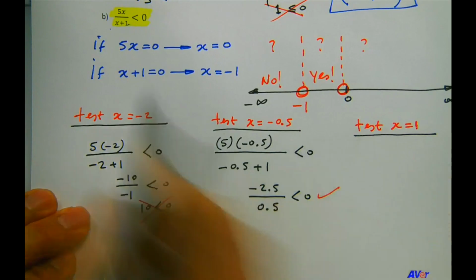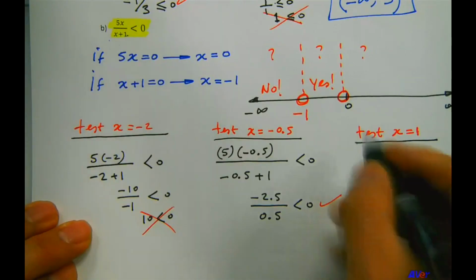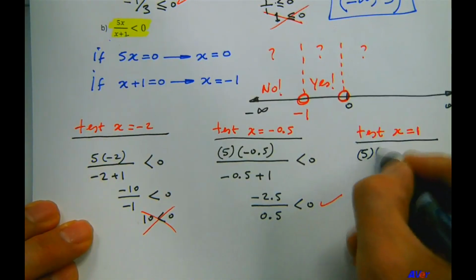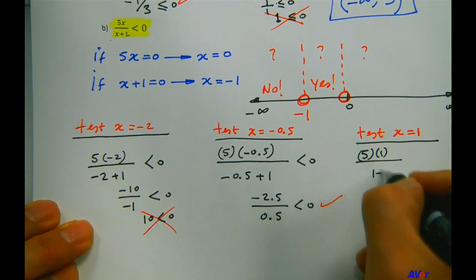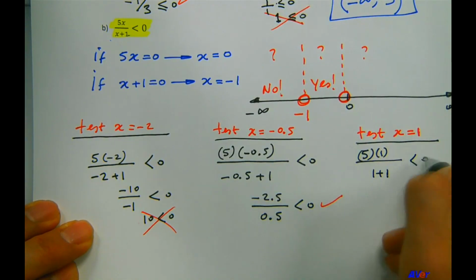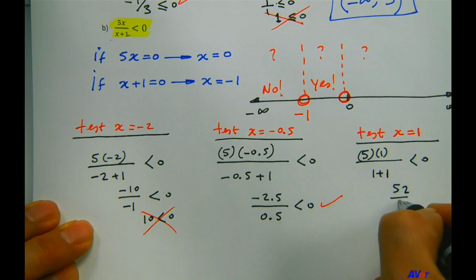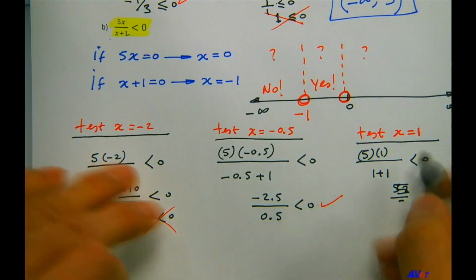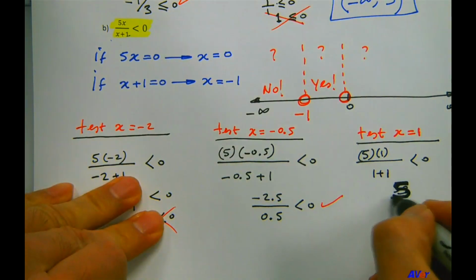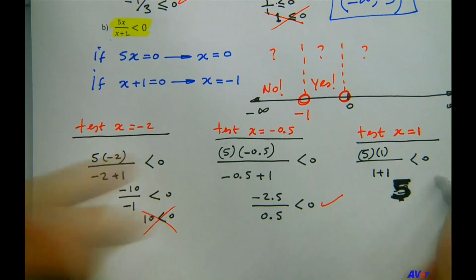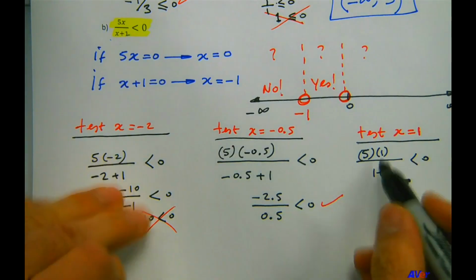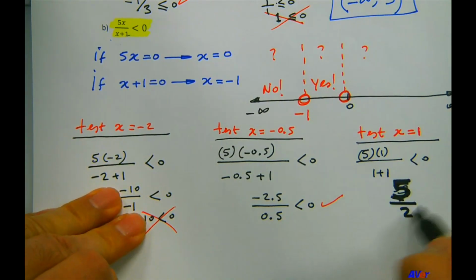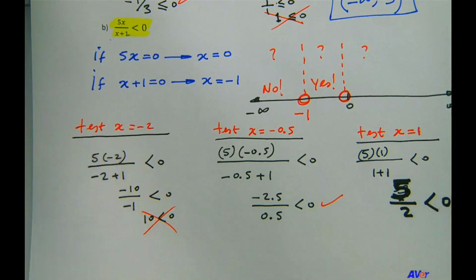Plug the 1 inside this expression. What do we get? We get 5 times 1 divided by 1 plus 1, less than 0. So we get 5 over 2, less than 0.